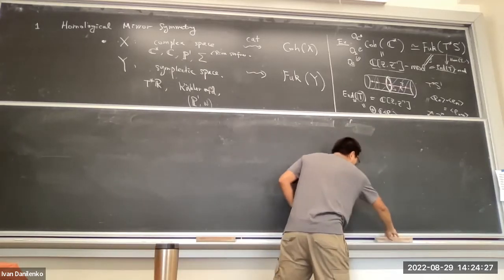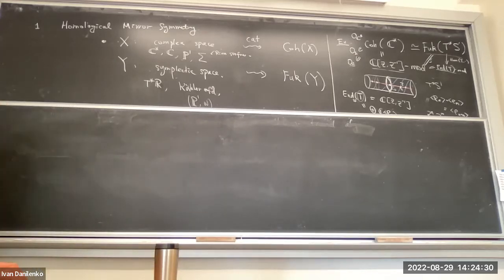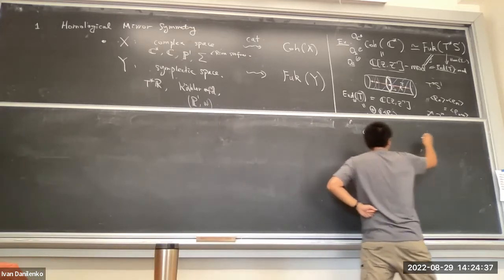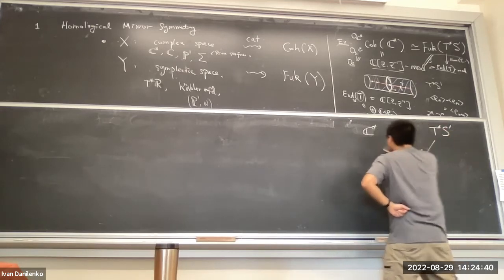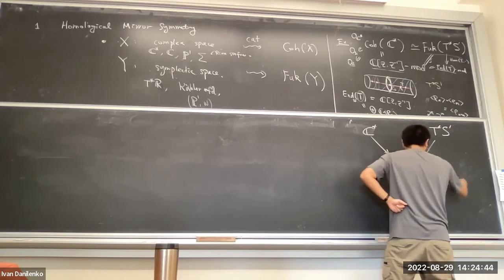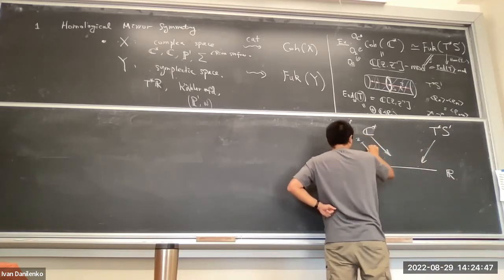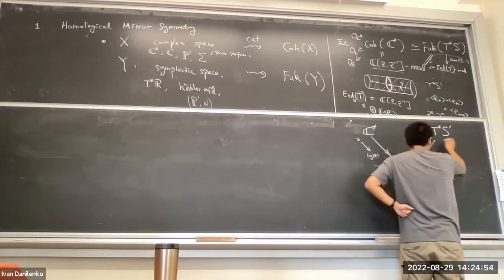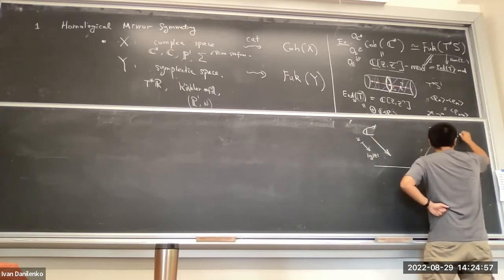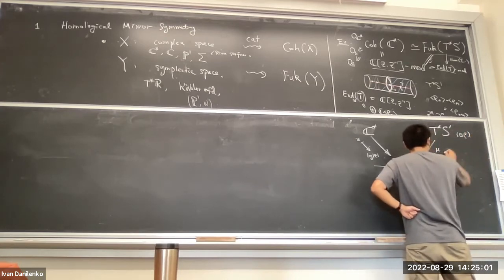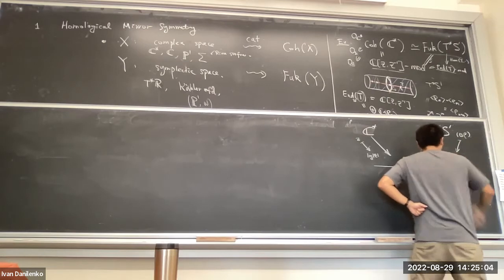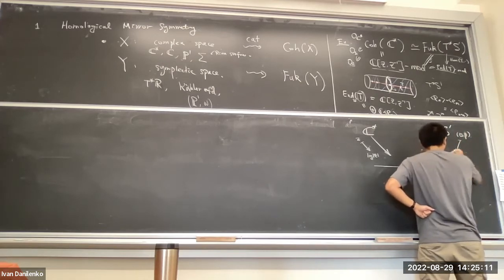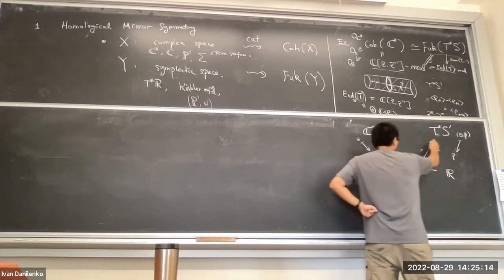You may have heard the slogan that homological mirror symmetry is about T-duality, which says that this star and this star, S1, they both average over R. So here you can send Z to the log of the modulus of T. Here you can just take the projection in the R direction and map it to P. So P is a temporal fiber coordinate. So here the fibers are Lagrangian tori.